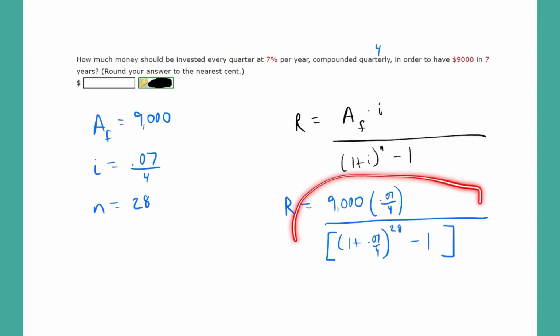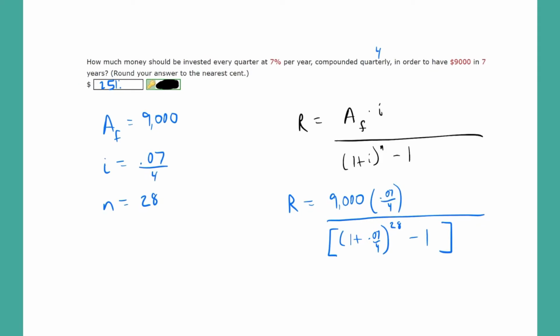So type it in exactly the way you see it into your calculator. 9,000, parentheses, 0.07 divided by 4, close parentheses, divided by, bracket, parentheses, 1 plus 0.07 divided by 4, close parentheses, raised to the 28th power, minus 1, close bracket, is equal to 251.83, which is the correct answer.